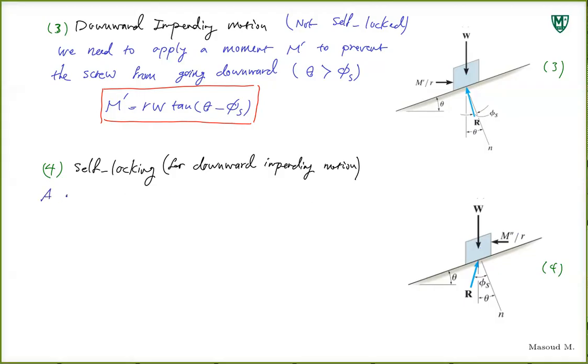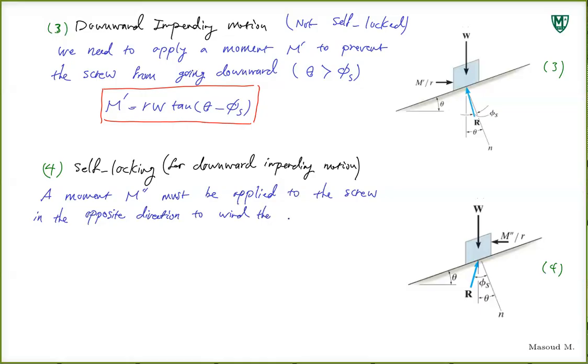Let me write it this way. A moment M double prime must be applied to the screw in the opposite direction to wind the screw downward, right?